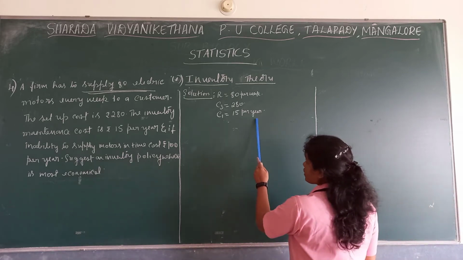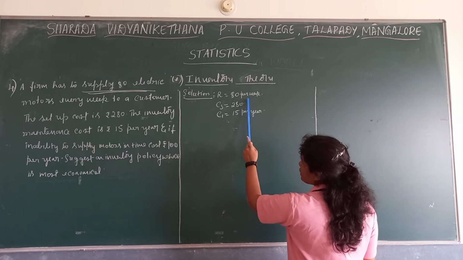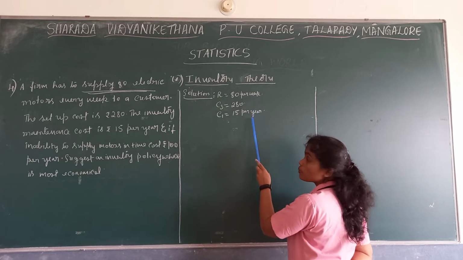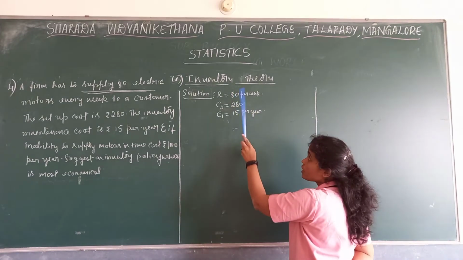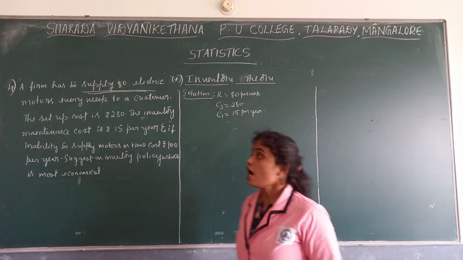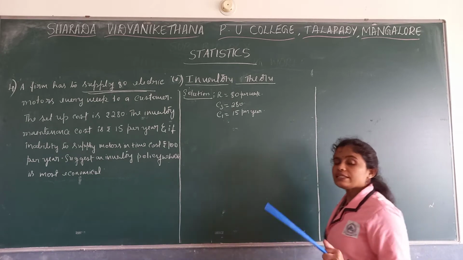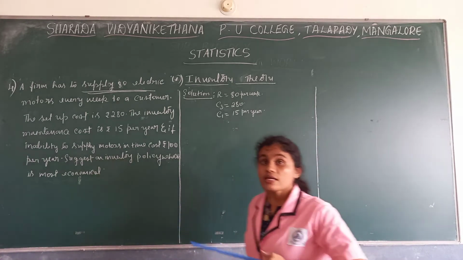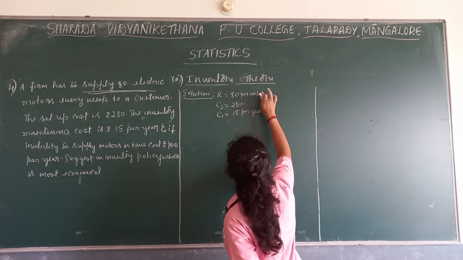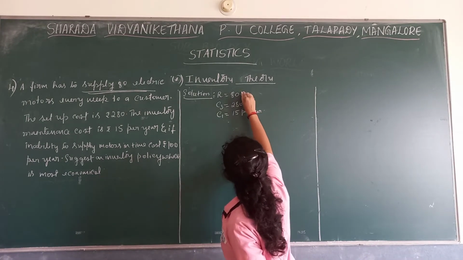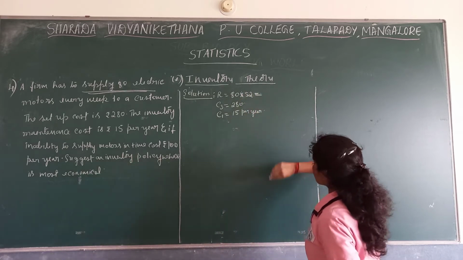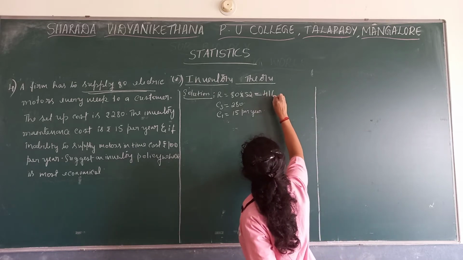Now, when the maintenance cost is per year but demand is per week, what do we need to do? We need to convert demand to per year, since C1 is in the form of year. How to convert week into year? In a year, how many weeks? There are 52 weeks in a year. So we convert 80 into 52, and we get 4160.